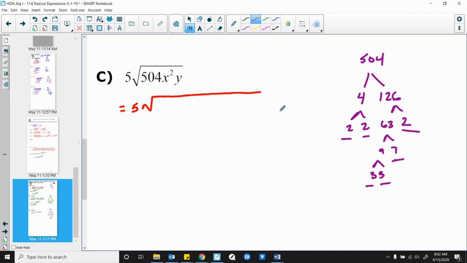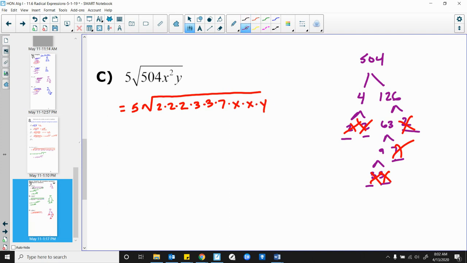And then we'll write least to greatest like we've been doing. So 2 times 2 times 2. So we've accounted for those 3 there. Times 3 times 3. Times 7. Okay, and then we'll include times x times x times y.